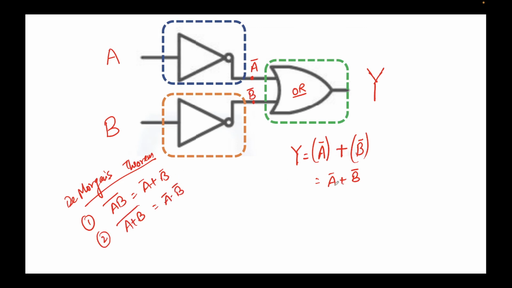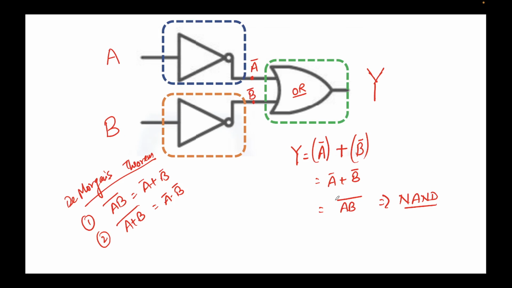We notice that the output we have obtained is A bar plus B bar, and using the first De Morgan's law, we can write A bar plus B bar as nothing but AB whole bar. Please note that this is nothing but the algebraic expression for a NAND gate.